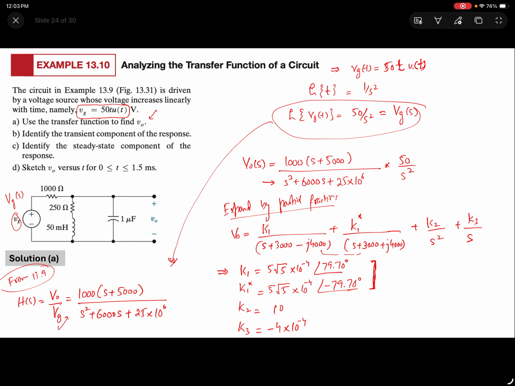For these two cases, the Laplace inverse of K2 is 10 over s square and the Laplace inverse of K3 is minus 4 times 10 to the minus 4 over s. So this is practically 10 times t u(t), and this is minus 4 times 10 to the minus 4 u(t). We can apply the same identity that we used in the past.